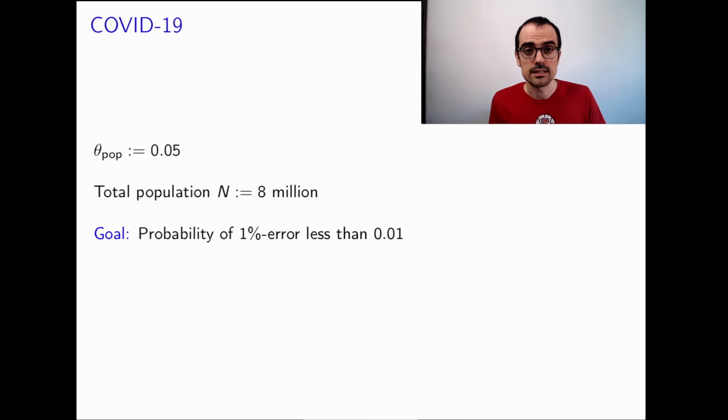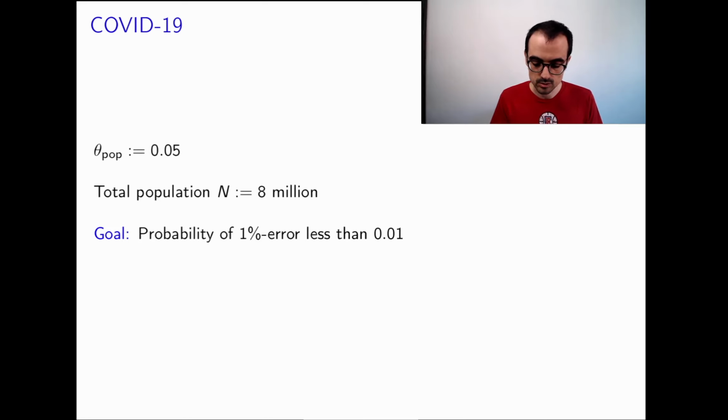Let's go through another example in order to show that Chebyshev's inequality can actually give you a quantitative estimate of the number of measurements that you need for the sample mean to converge to a certain extent. Let us imagine that we are estimating the amount of people that have COVID-19.